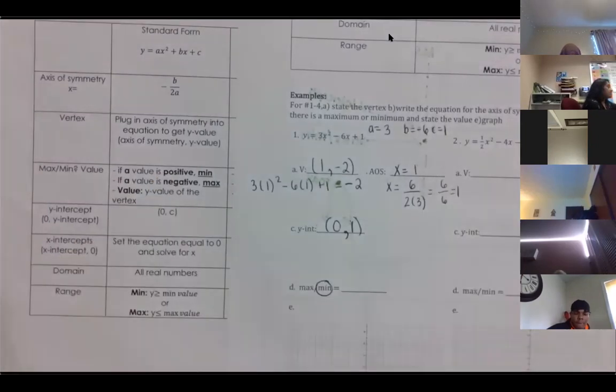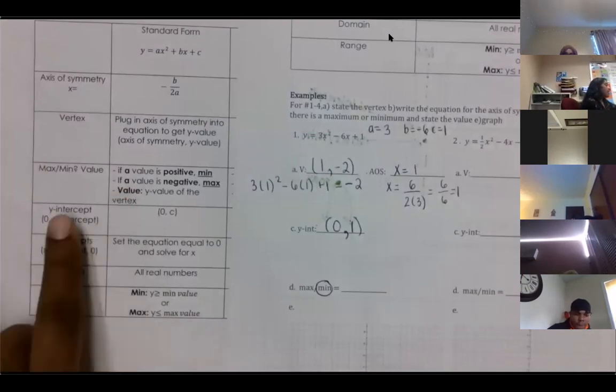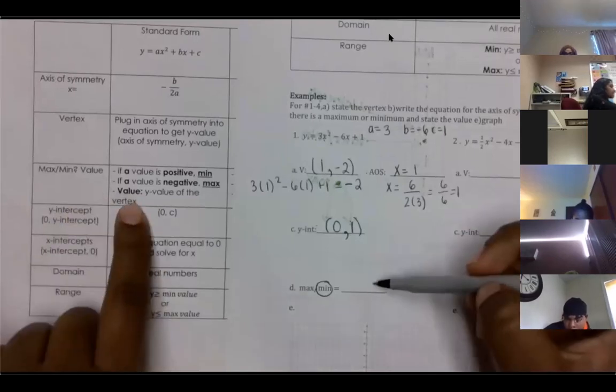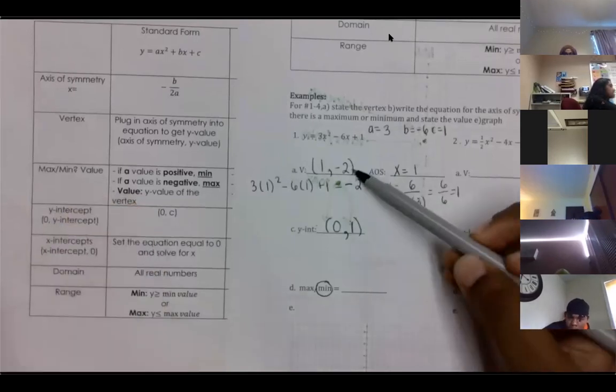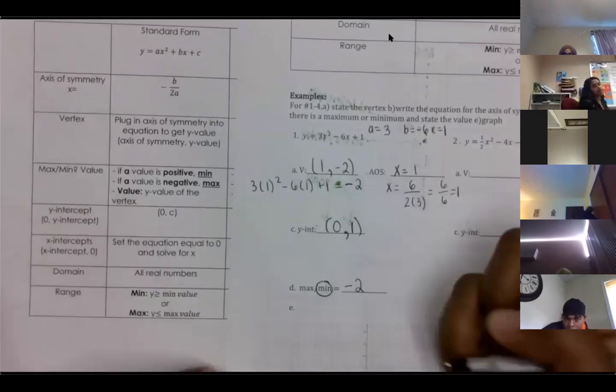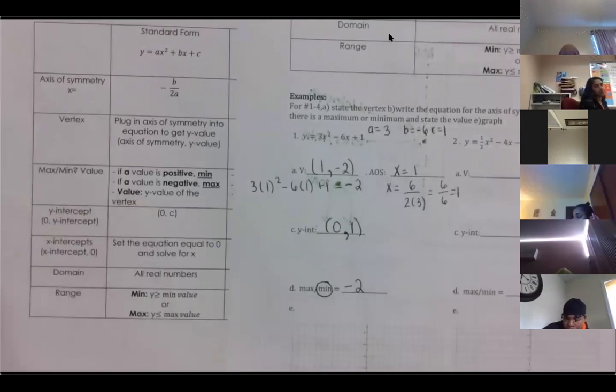The value of the minimum is the y value of the vertex. I go back to my vertex and see the y value is -2. So my minimum value is -2. Questions?